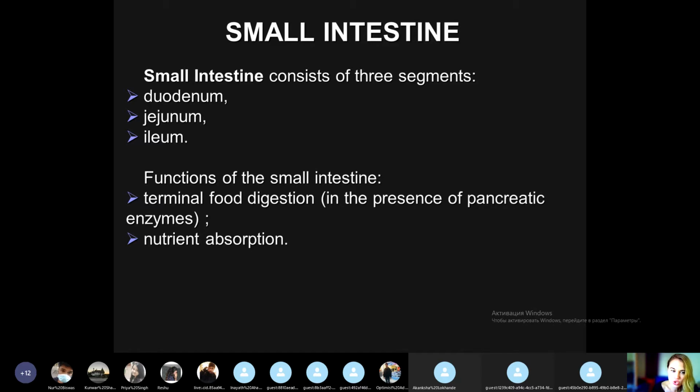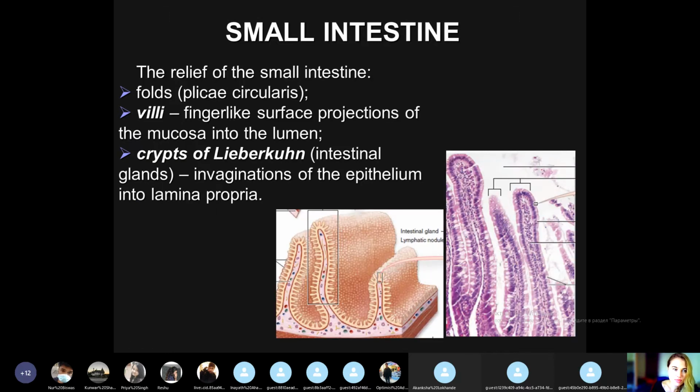The chemical degradation of the food in the small intestine happens with the help of the digestive enzymes of the pancreas. Also, nutrient absorption, so the absorption of the monomers from the lumen of the small intestine.